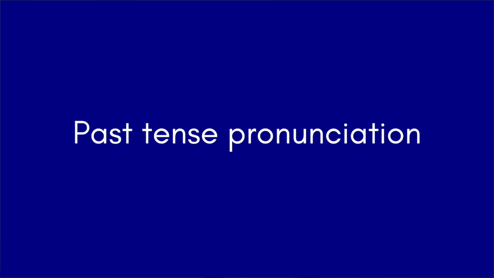Fantastic. And the accent tip we're looking at today is how to pronounce the past tense, because we have three different types of pronunciation with the past tense. I normally put them in two because the other two are very, very similar in the way that they're pronounced, even though they're different.